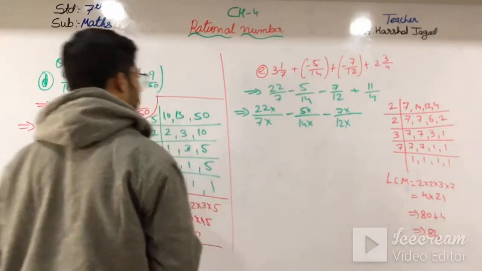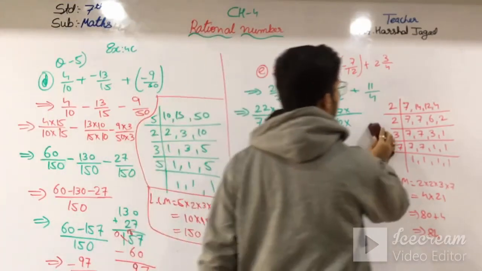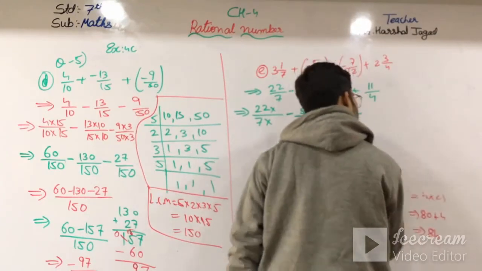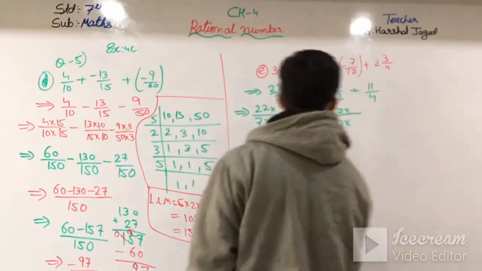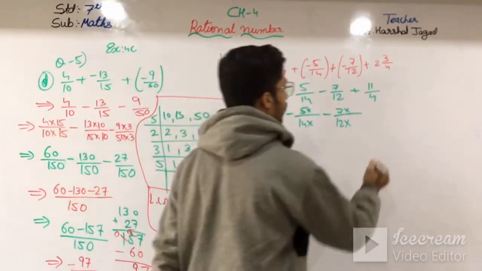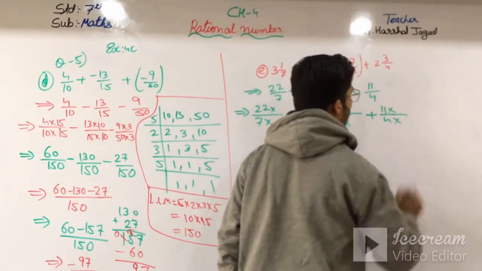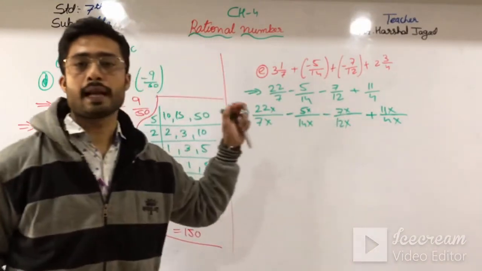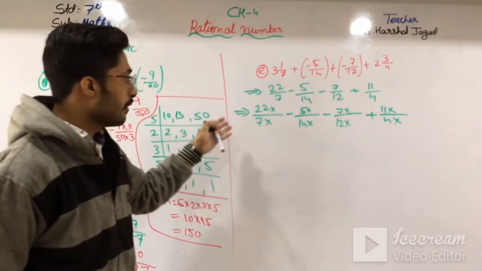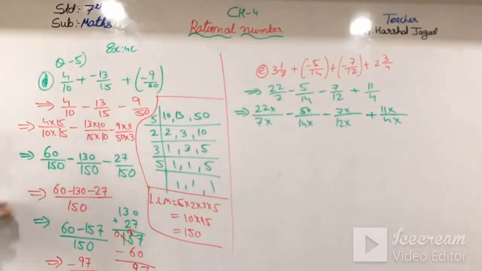And at last with 4. Now plus 11 by 4. What should be multiplied here? So we will get the same denominator, that is 84. Now onward you can do this sum the way I have done it.